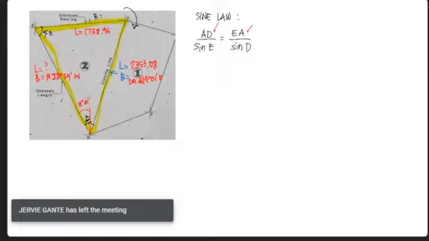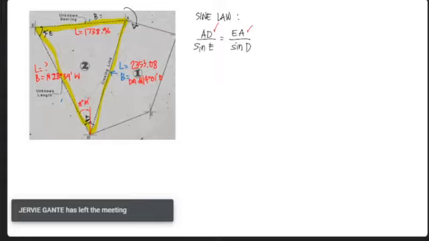So, what is our angle E? 66 degrees and 30 minutes. Okay. So, we have our E.